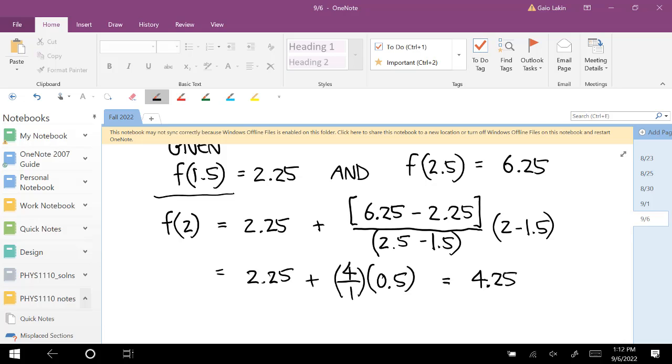It doesn't give you an exact answer, but it was in the right ballpark. It was closer than either of the two endpoints. And the closer you pinch those two values, the closer you can expect your interpolation to be. So if we did it with the function values at 1.9 and 2.1, we would have been a lot closer.